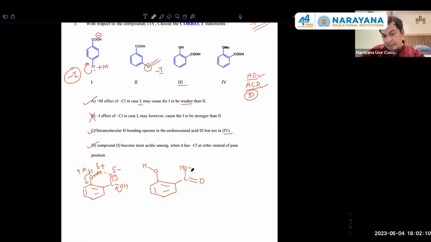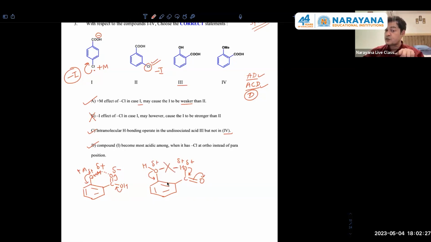If you check this H bonding, O lone pair resonance are moving like this. O is getting positive, H is also getting positive. This O is also moving, this is also positive. So this O and this H, they cannot get a hydrogen bond.